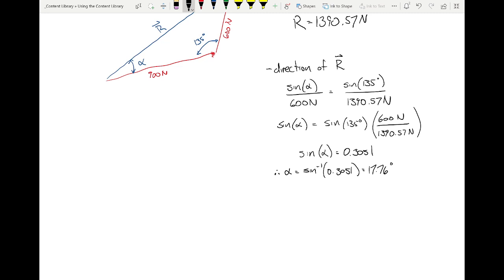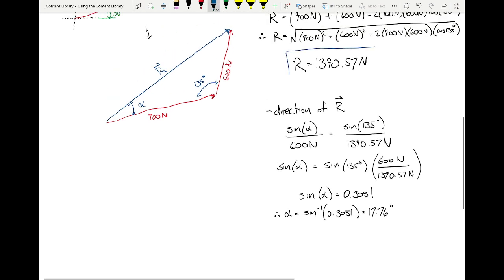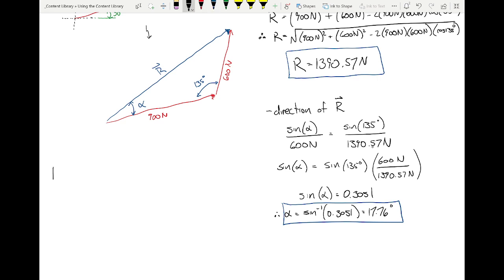Good. All right. Now let's see if you all are paying attention. So I have an expression for magnitude, and I have an expression for direction. So therefore, if I wanted to describe vector R, would this be correct? No. Hold on. I didn't even write it.